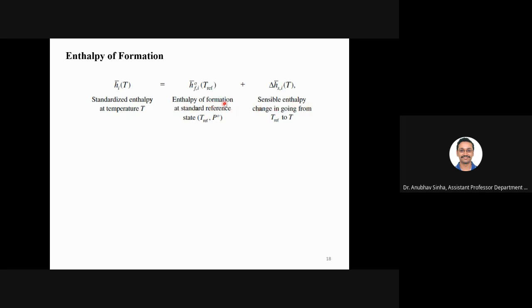Enthalpy of formation is defined at a reference temperature and reference pressure. From that temperature and pressure, to bring it to T, the given temperature, we'll see some examples. The heat required to heat it from T ref to T will give you the sensible enthalpy.